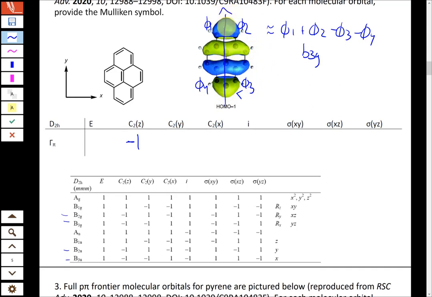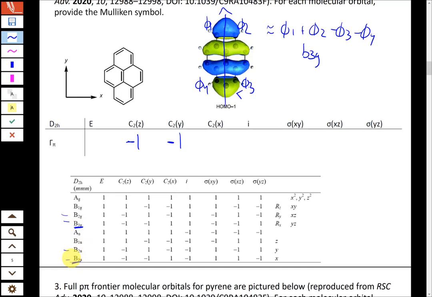And so with C2y, when we flip the molecule over that way, we have blue going onto green, green going onto blue as we flip the whole molecule over. So that's going to be a character of -1 for C2y. So what that tells us is if we have -1 for C2z and -1 for C2y, we have to be dealing with a B3 representation, either B3G or B3U.